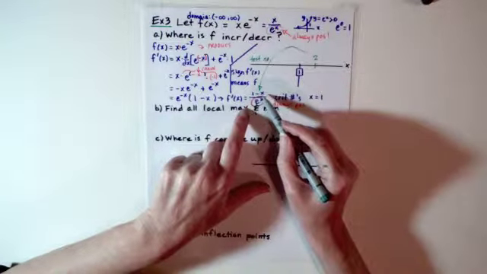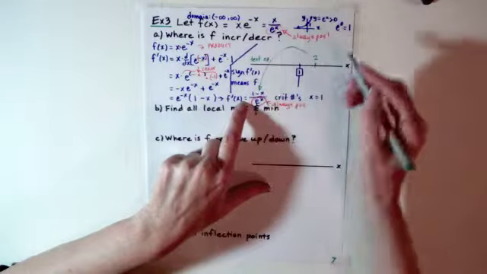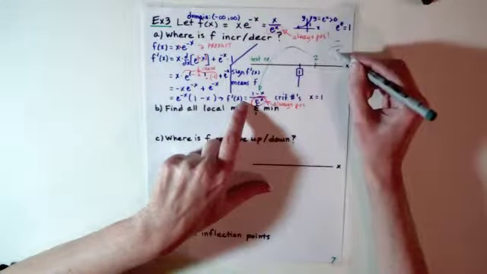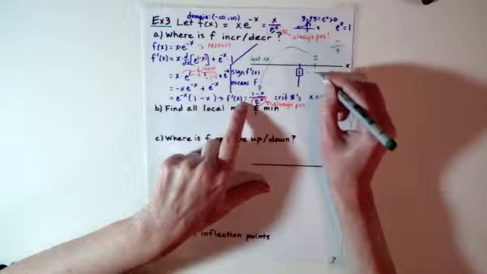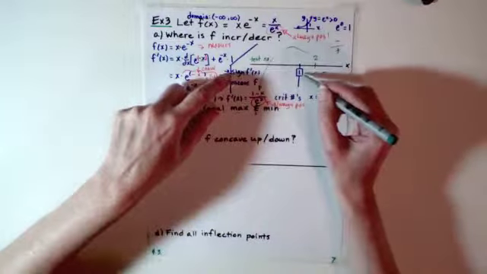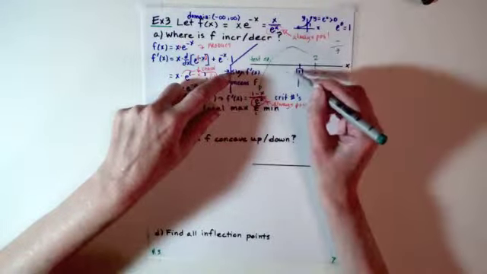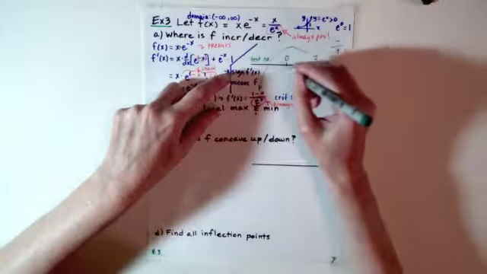The numerator of this fractional expression, 1 minus 2, is going to be negative 1. That's negative in the top. And the denominator we said is always positive. A negative over a positive will have an overall negative sign. So the sign of f prime will be negative for all x's to the right of 1. What about to the left of 1? Well, 0 would be a good test number in this interval.